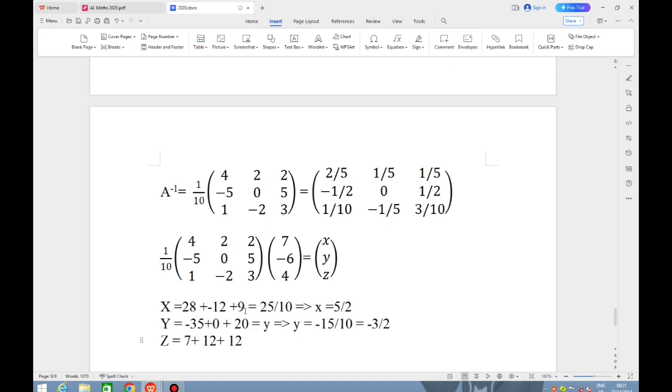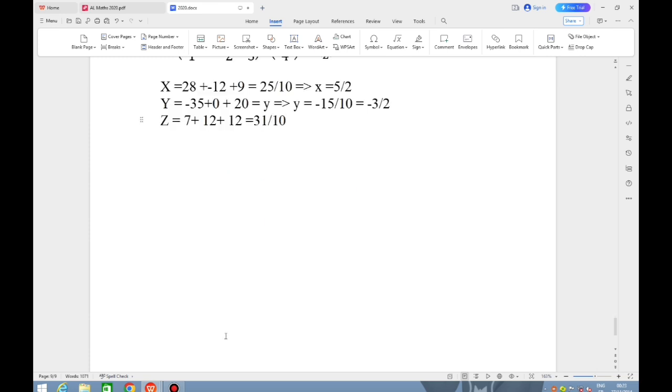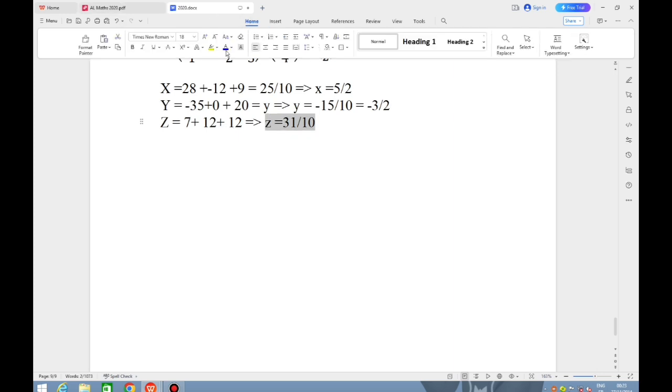So 12 plus 12, 24, plus 7 is going to give 31. 31 times 1 on 10, that's 31 on 10. That's the value of z. So you have our values of x, y, and z, and you are able to have solved the equation with 3 unknowns using the matrix method.